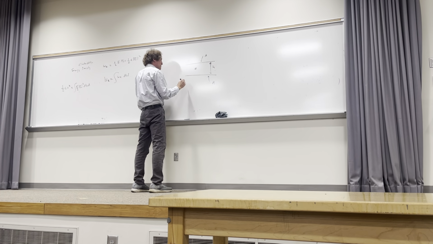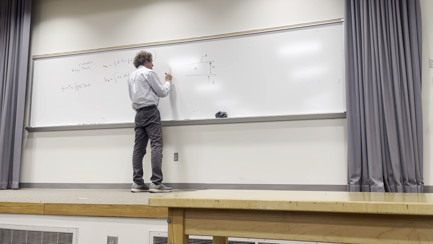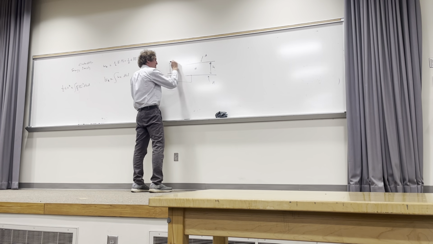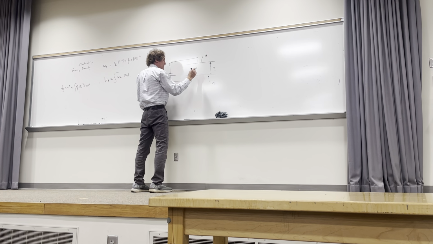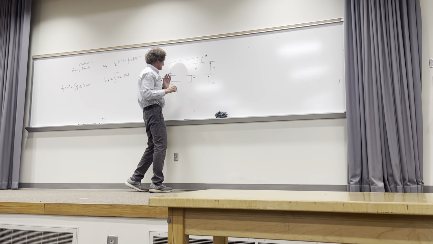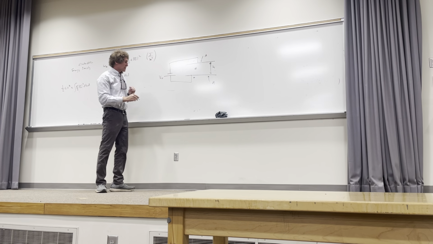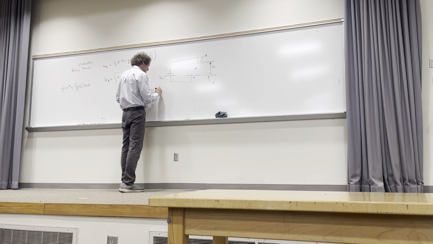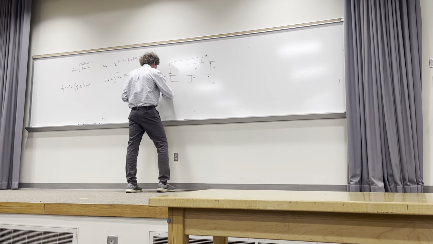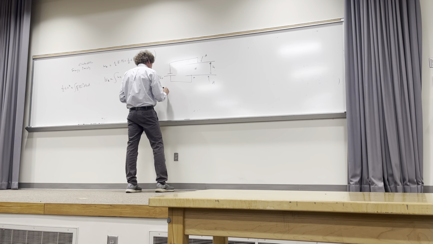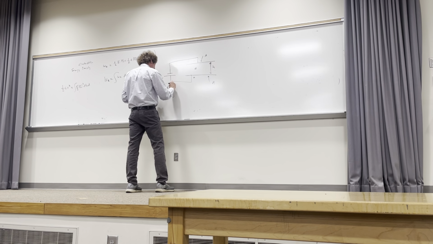And what I did is put a voltage V0 here, plus to minus V0. Y'all remember that? And we saw the capacitance was equal to epsilon A divided by H, right?